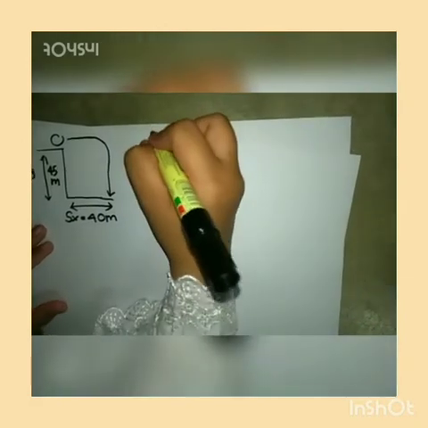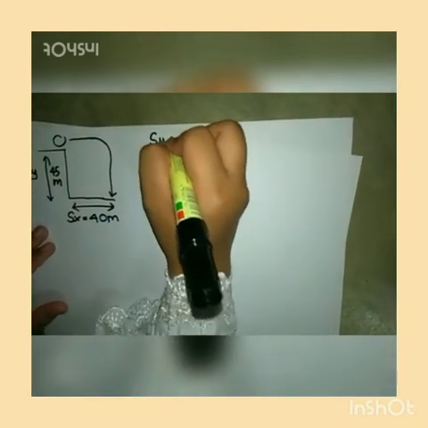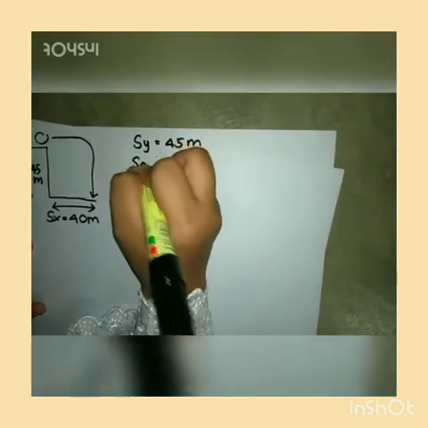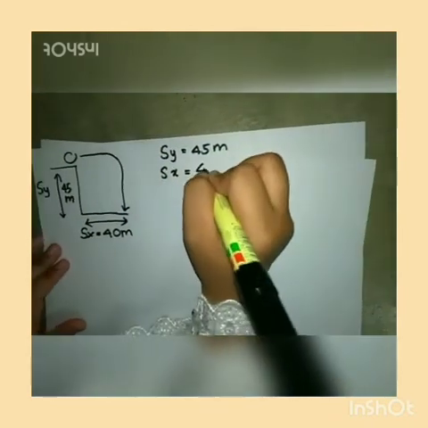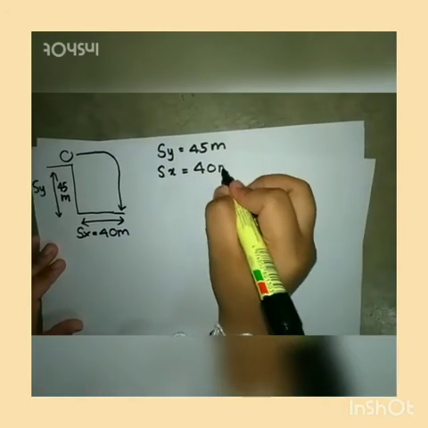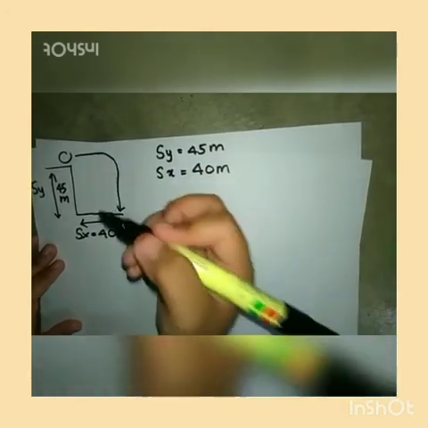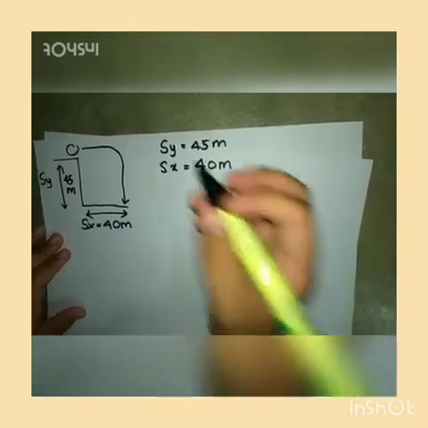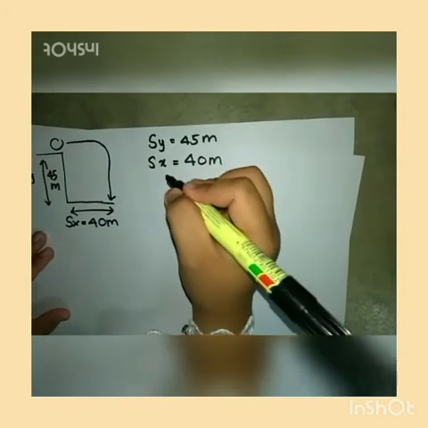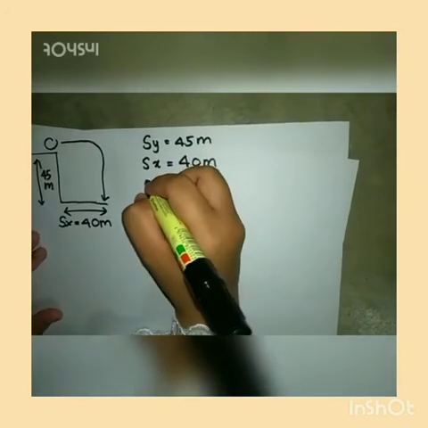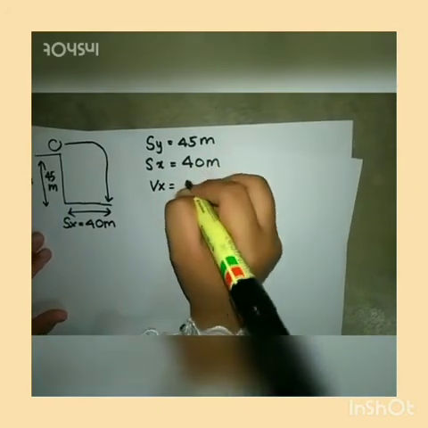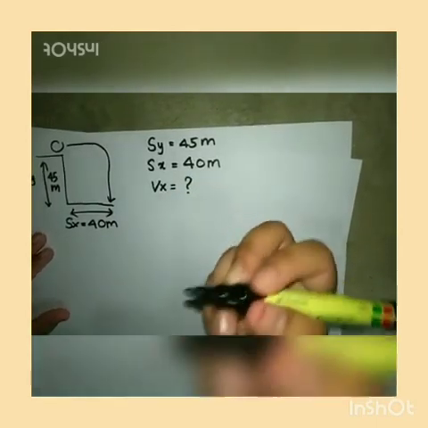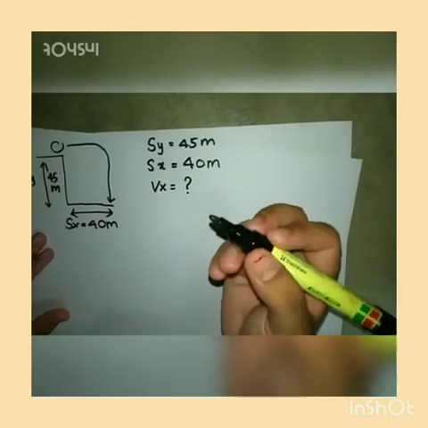So we have Sy equal to 45 meters and Sx equal to 40 meters. The question asks, what was the ball's initial speed? So we want to find Vx, because the initial speed is for the horizontal component x.